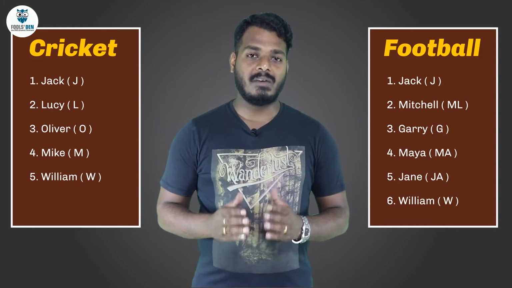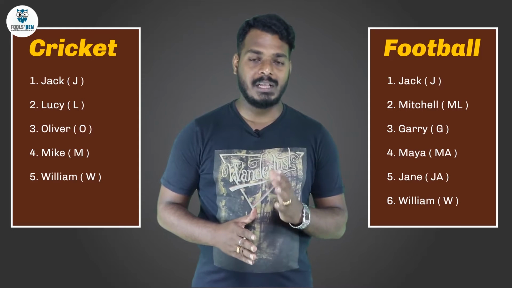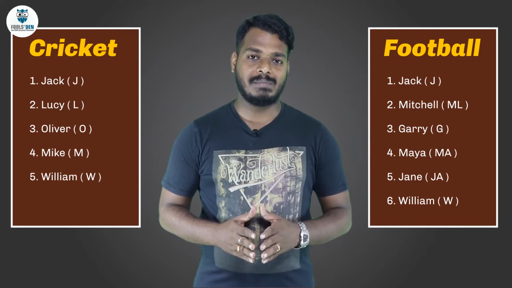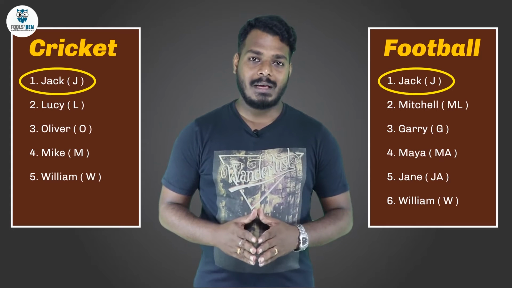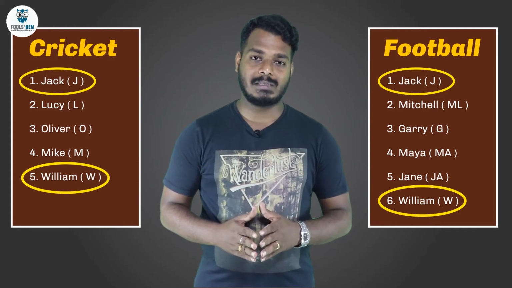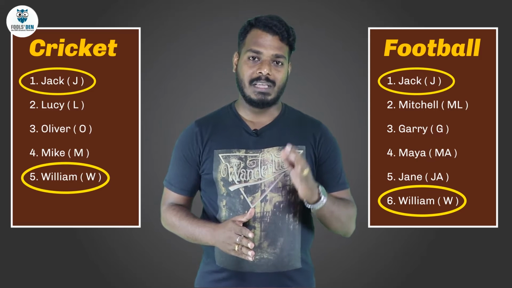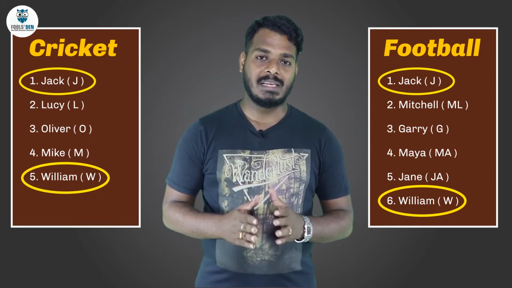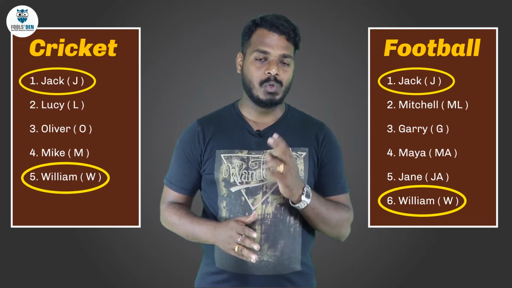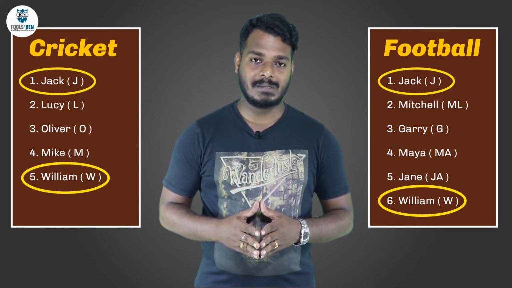But on careful examination, he understood the mystery. The point was, there were 2 names in the list, Jack and William, which were repeated in both the lists. That is, their names were there in the cricket list as well as the football list. And that's the reason for those 2 extra numbers.